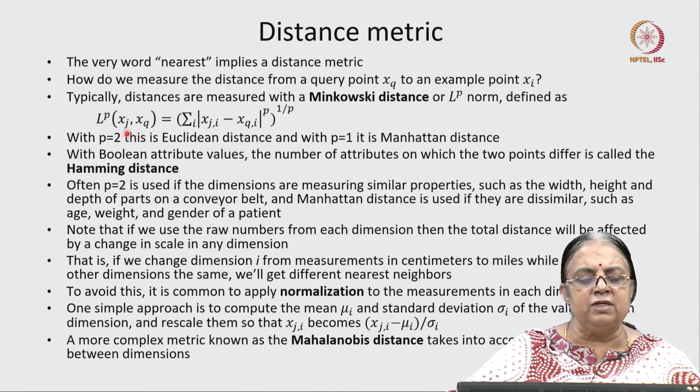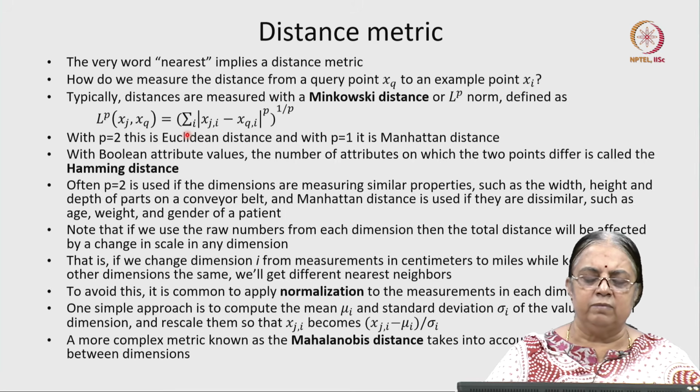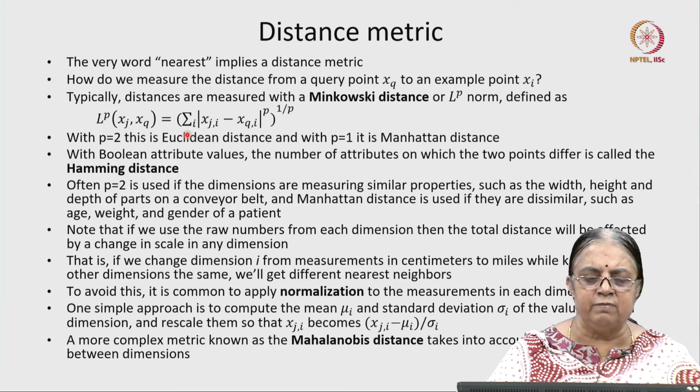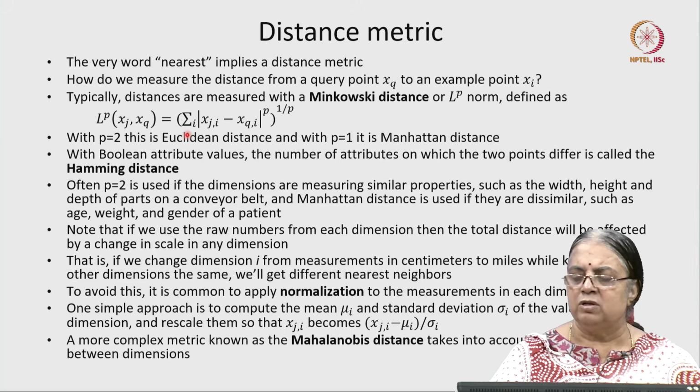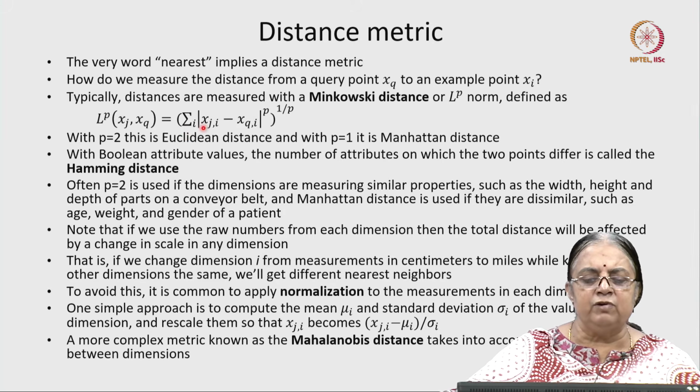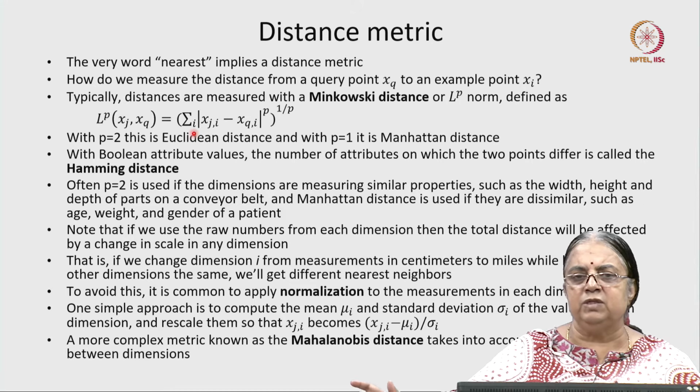Now, this xj will be having a number of features. So, you have the index i, which, for example, you may have d features, in which case this i will be going from 1 to d.